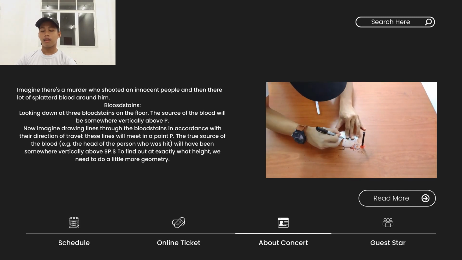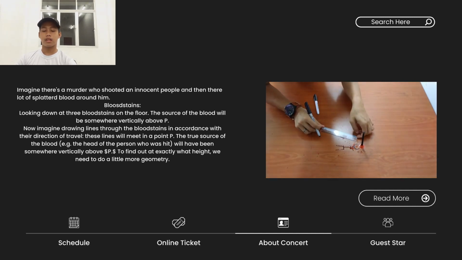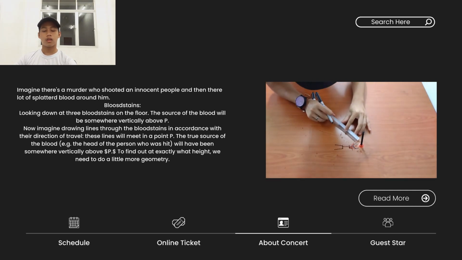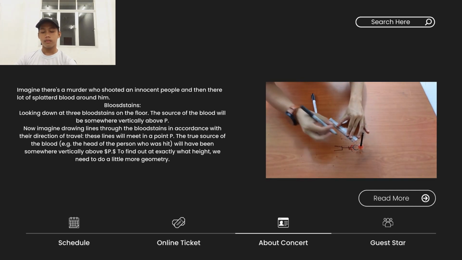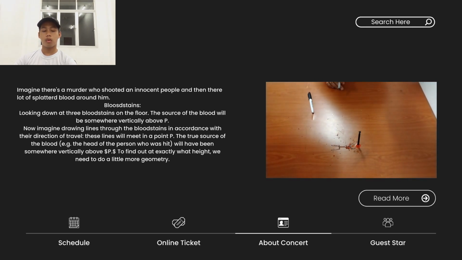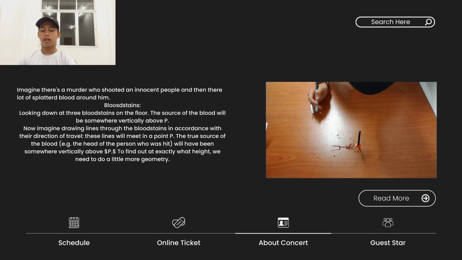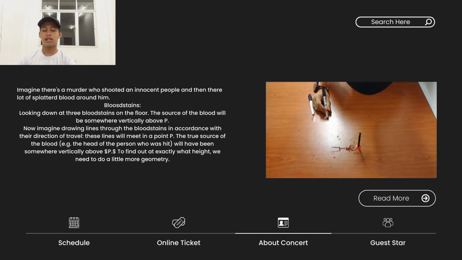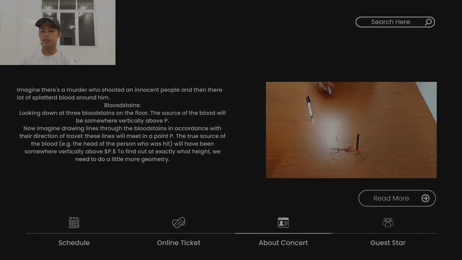These lines will meet at a point P, the true source of the blood, e.g. the head of the person who was hit will have been somewhere vertically above P.